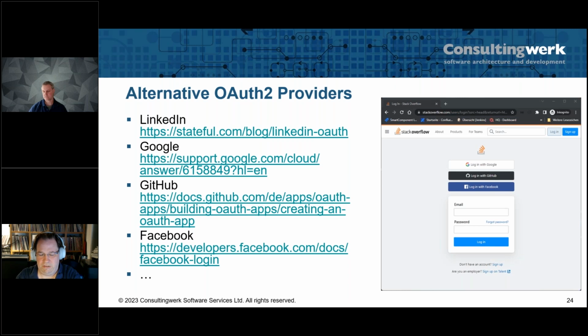We at Consulting Work, we use a graphical Git client called GitKraken that uses GitHub as one of the potential authentication providers using OAuth2, and that makes a lot of sense for a Git client to say, okay, well, we use GitHub for authenticating. So you pick those for your audience, and probably in a business application for in-house users, Facebook's probably the least you would care about. That would be more for a web shop when you want to have easy login for a wider audience of users.